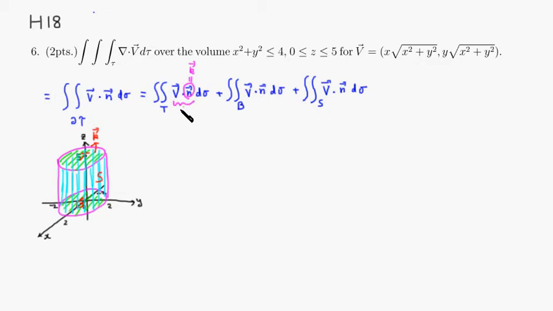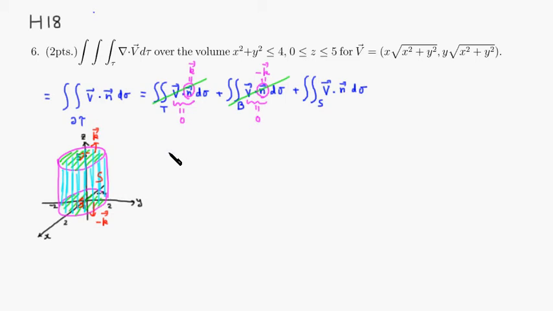And similarly, for the bottom side, the outer normal vector will be negative k. And again, this has no z component, so that product is 0. So we can just ignore the first 2 integrals, because they're both 0, and focus on the last one.